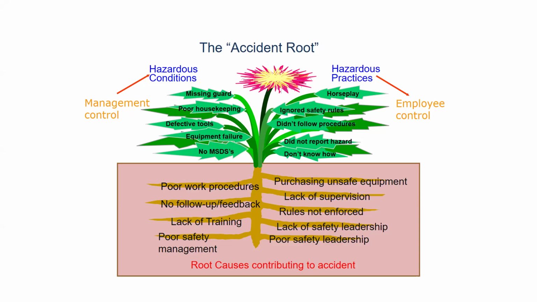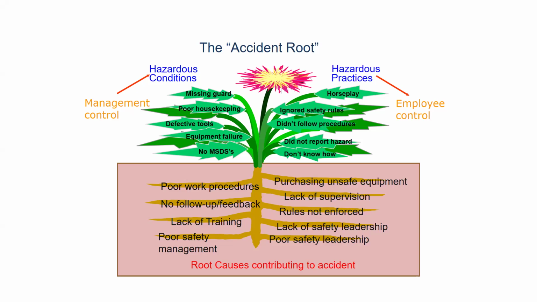But once we go from the immediate to the root causes, when we have a proportion between the immediate causes and the root causes, the ratio is 25% immediate causes and 75% root causes.